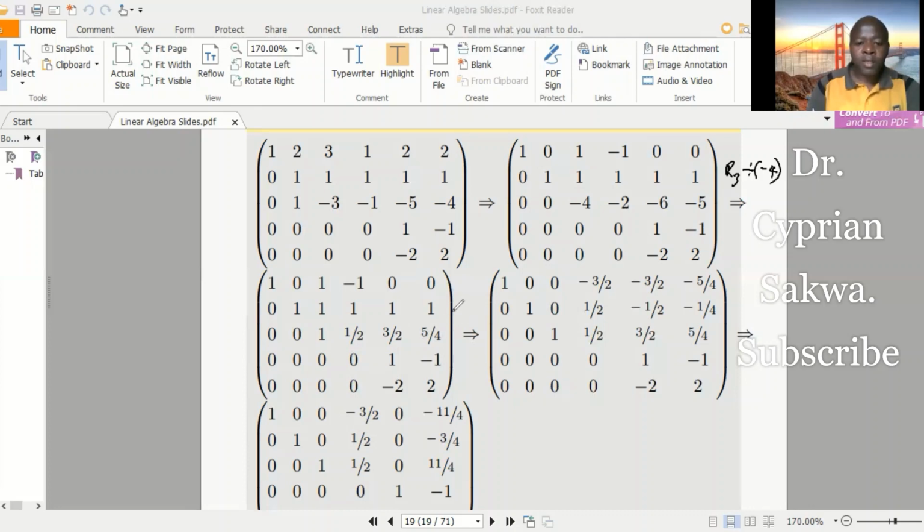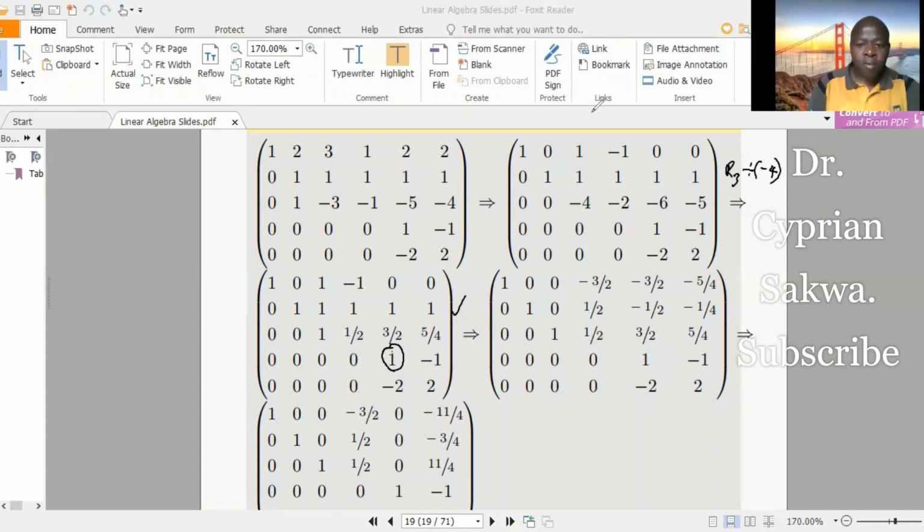So we obtain this matrix. Now, the other leading element that we now have on this matrix will be this. And we use it to create zeros elsewhere. It's fortunate that it's already a 1. Otherwise, we would have created it to be 1.